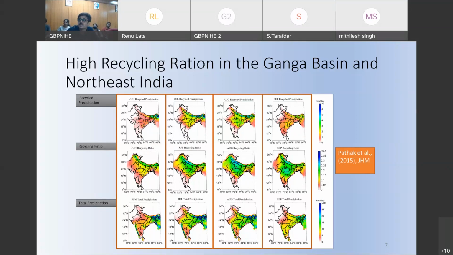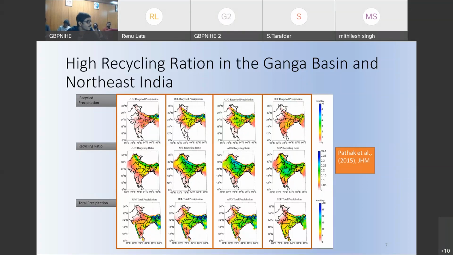So a lot of evapotranspiration is taking place, and you are reaching around 25% recycled precipitation. So yes, recycled precipitation is important. Land is playing a major role. It's mostly over northern India and eastern India. And over the Himalaya, there is a very consistent high recycling ratio.